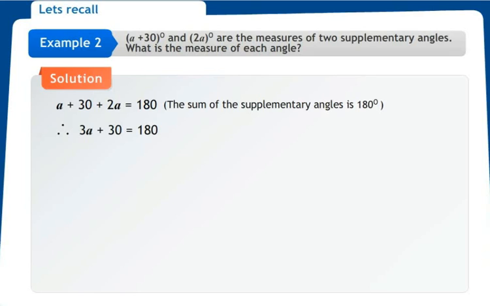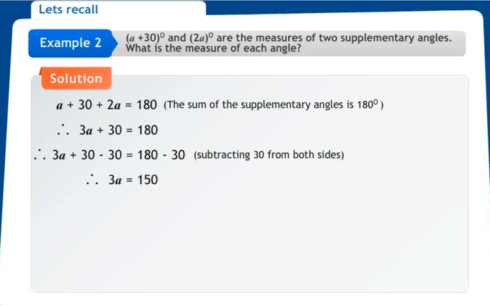Whichever operation you do on the left hand side, the same has to be done on the right hand side. 3a plus 30 minus 30 is equal to 180 minus 30. 30 minus 30 is 0, so what is left is 3a is equal to 150.